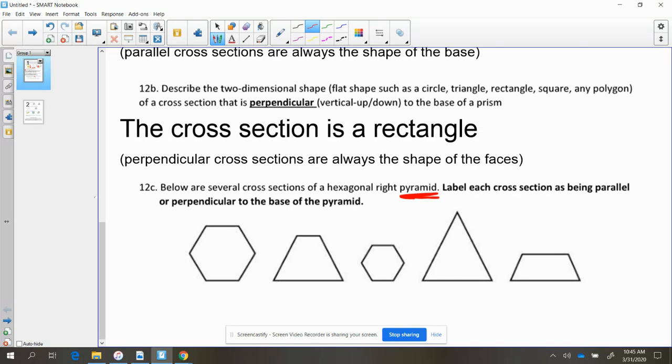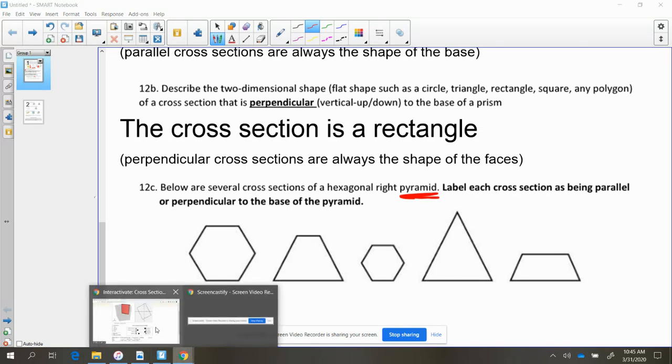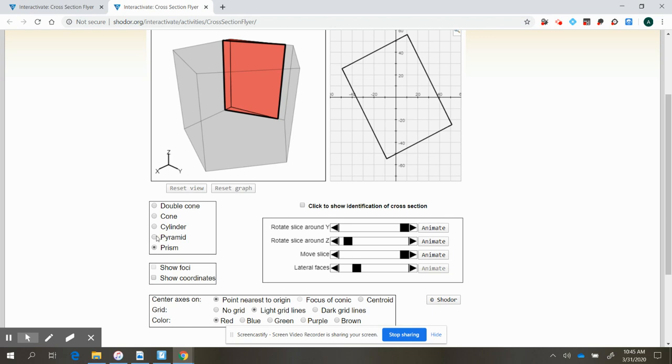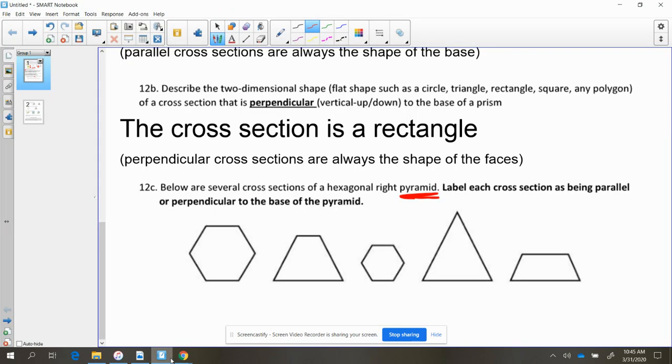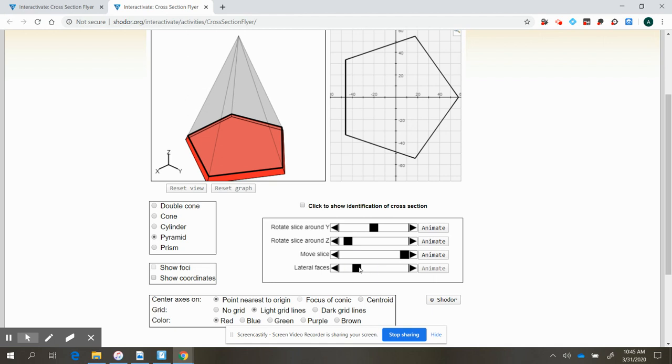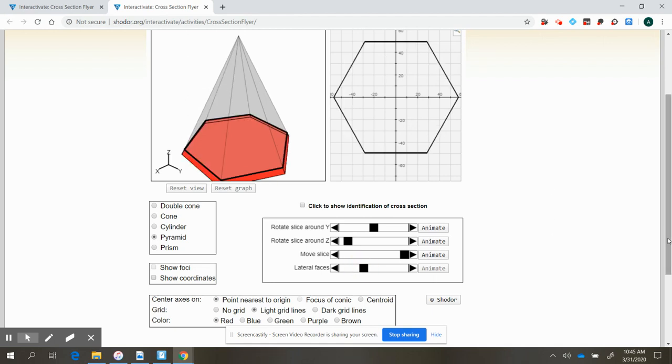And is it going through the vertex of the pyramid or not? So we're going to go back to this handy dandy display, and click on pyramid. Notice the shape that we want to create first in our notes is a hexagon. So let's move this. We're going to make a hexagonal pyramid.